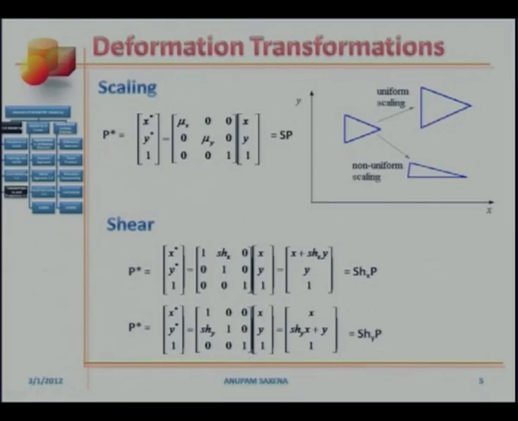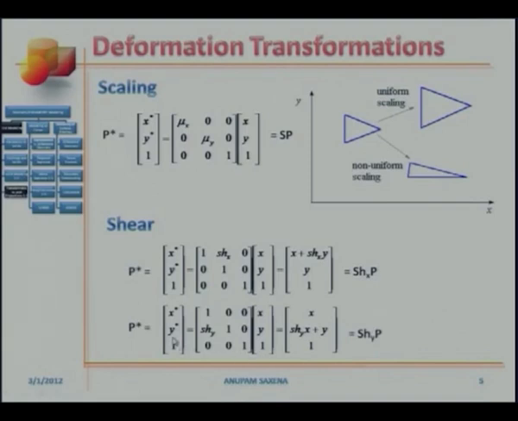Let us see what happens when we pre-multiply the column vector x, y, 1 with this transformation matrix. Multiplication is trivial. So, x star would be x. The x coordinate of the transformed point does not change.